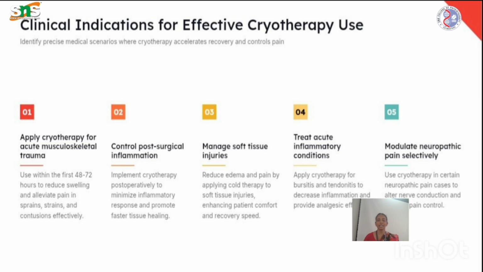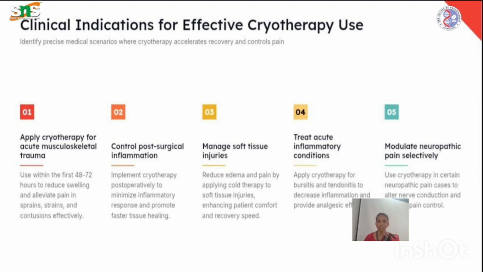Here are the clinical indications for effective cryotherapy use. Cryotherapy is applied for acute musculoskeletal trauma in the first 48 to 72 hours to reduce swelling and pain, used in sprains, strains and contusions.